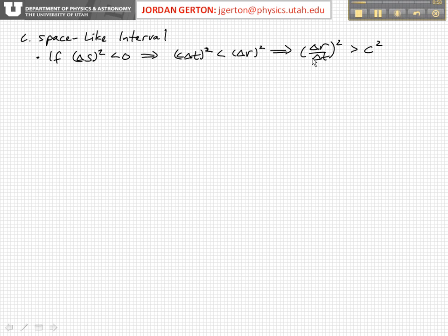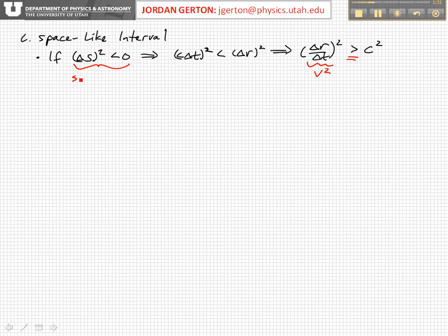And again, if we rewrite it like this, that means that in order for these two events to be simultaneous, you would have to boost to a reference frame which was moving at a velocity that's greater than the speed of light. Okay, and since that's not possible, that means that there is no proper time. There, in fact, is no reference frame in which the two events are simultaneous.